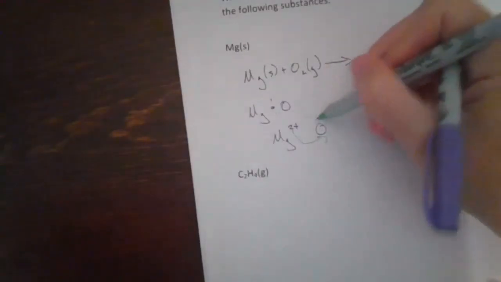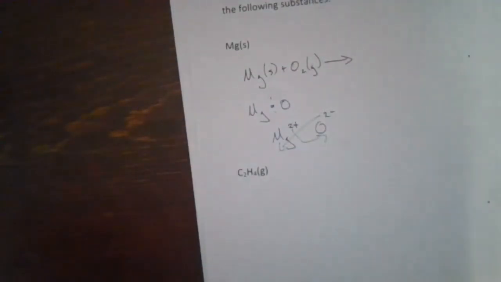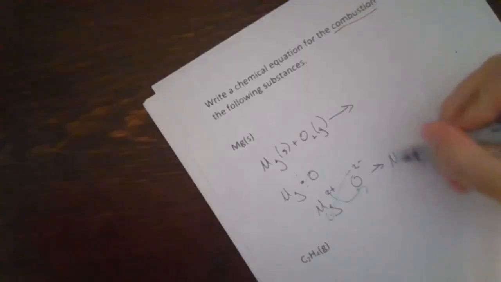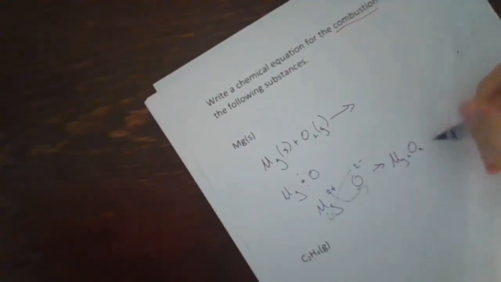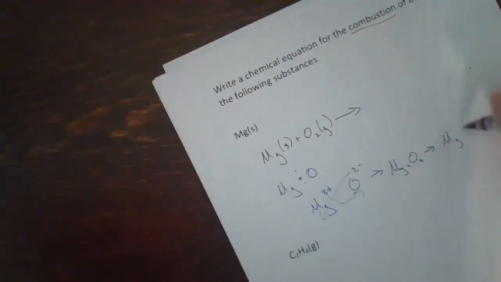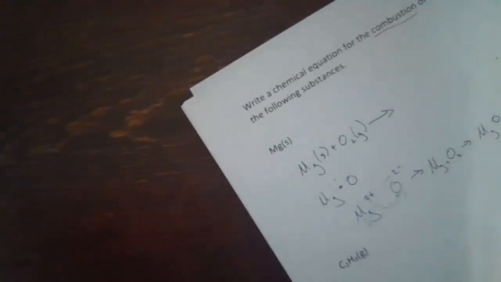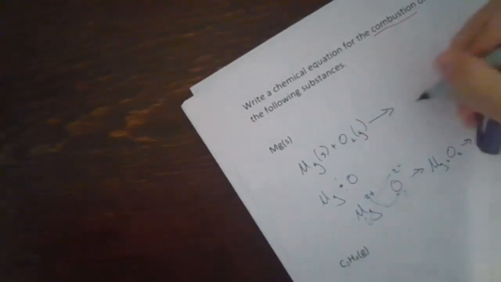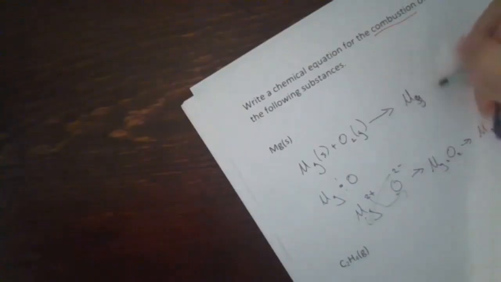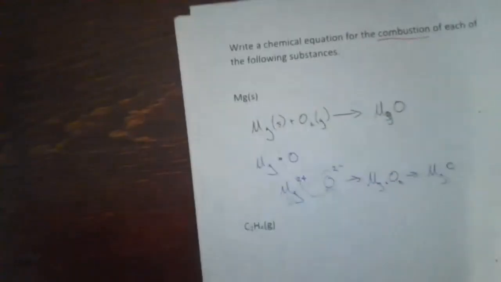So that means we have O 2-. We can take those charges and move them down. We would then get Mg2O2, those are both 2's as the subscript. That can simplify to MgO. So the product that we will make is MgO, magnesium oxide.